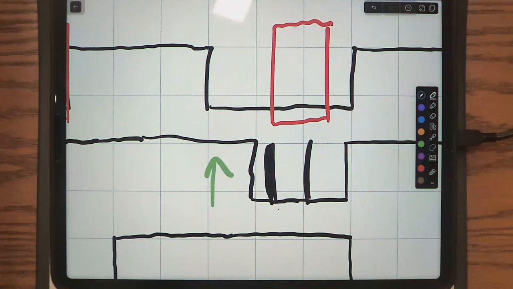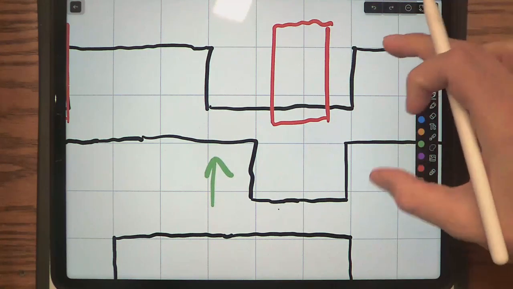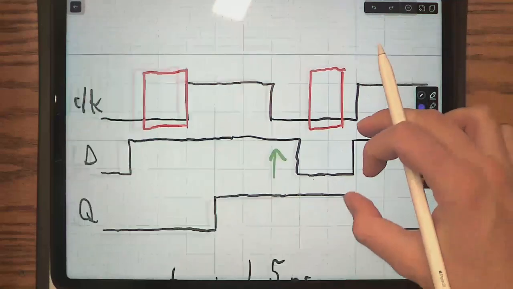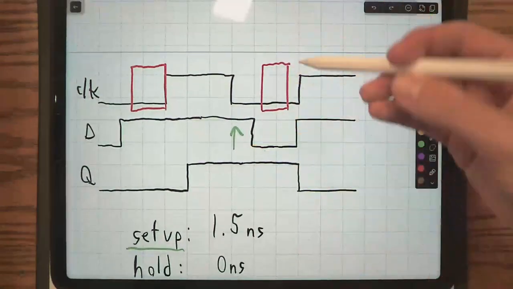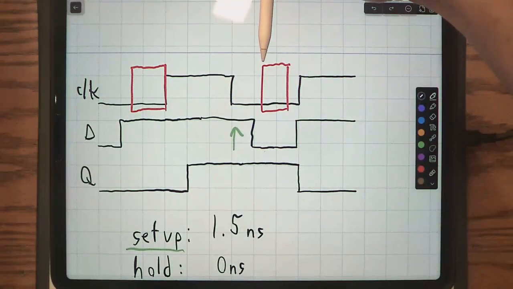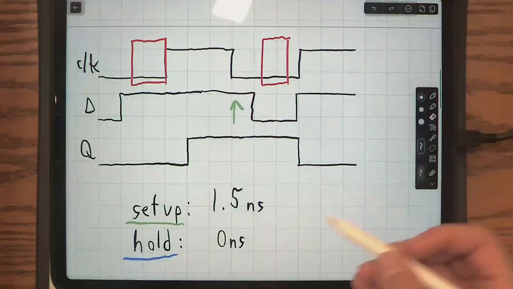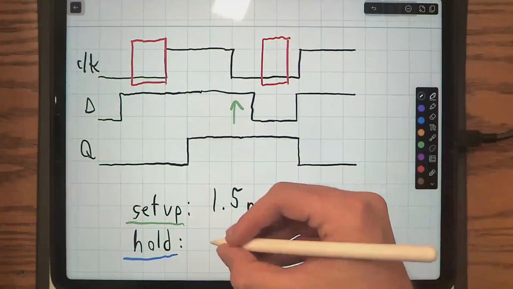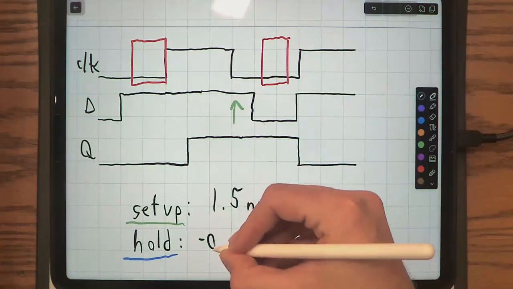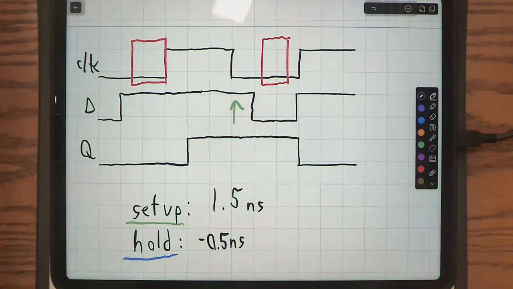Is the red box based on the setup time? Exactly. The setup time denotes where the box starts, and then the hold time denotes where the box ends. But actually, this number is wrong because we are now doing it for 0.5 nanoseconds.